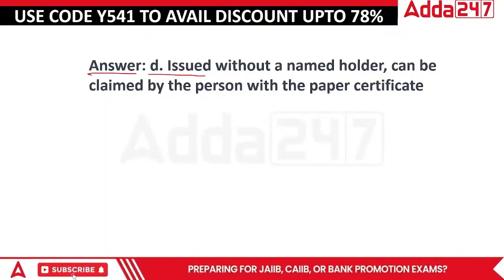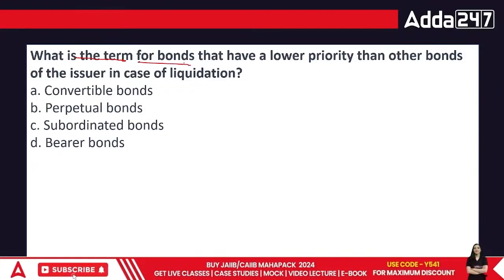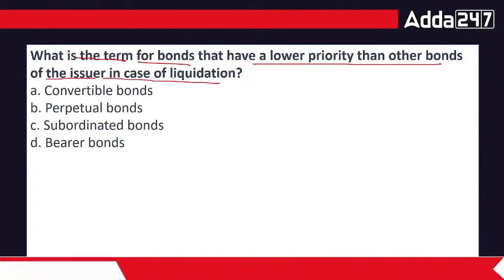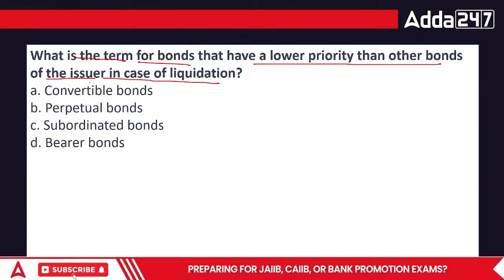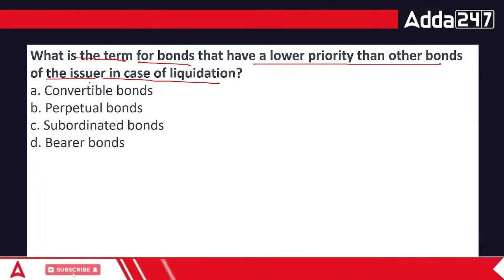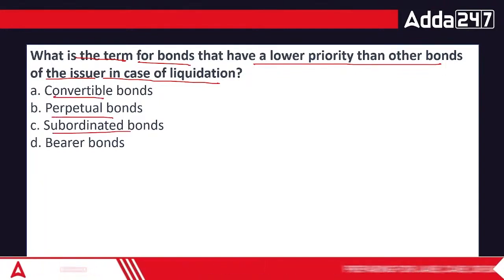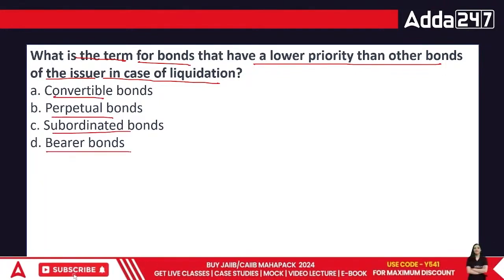The answer is D. What is the term for bonds that have a lower priority than other bonds of the issuer in the case of liquidation? When the company is dying, these bonds are like, okay, we'll pay them, but not right now. We haven't decided whom we are paying and by what time. Convertible bonds, perpetual bonds, subordinated, or bearer.